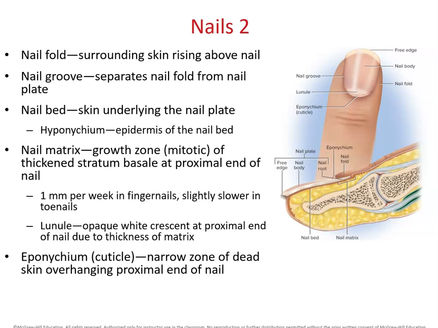The nail bed is where the skin goes underneath and the nail plate come together. And the nail matrix is where mitosis is going on, allowing your fingernails and your toenails to grow.